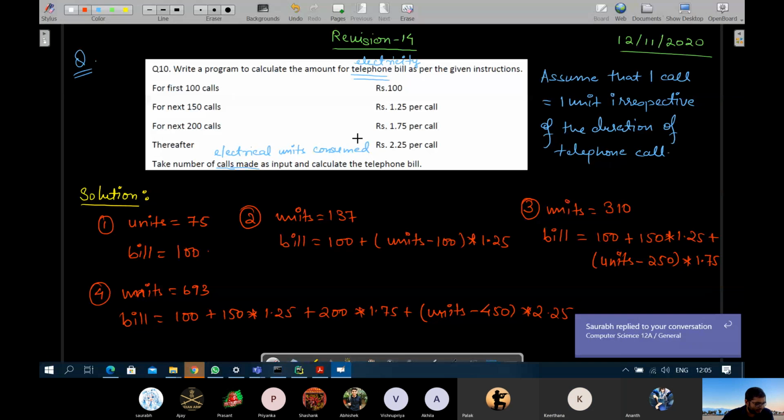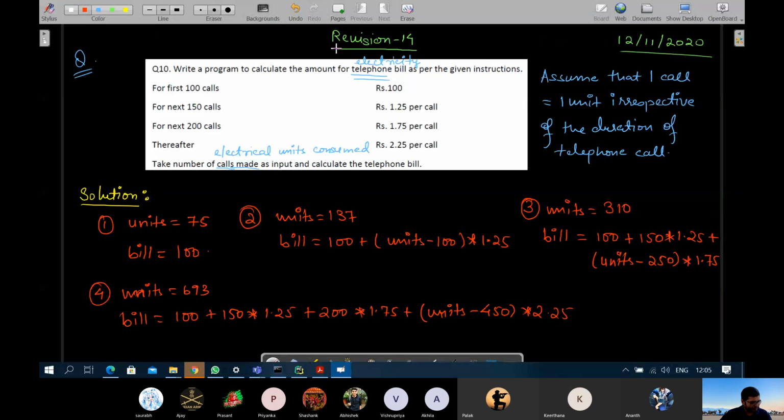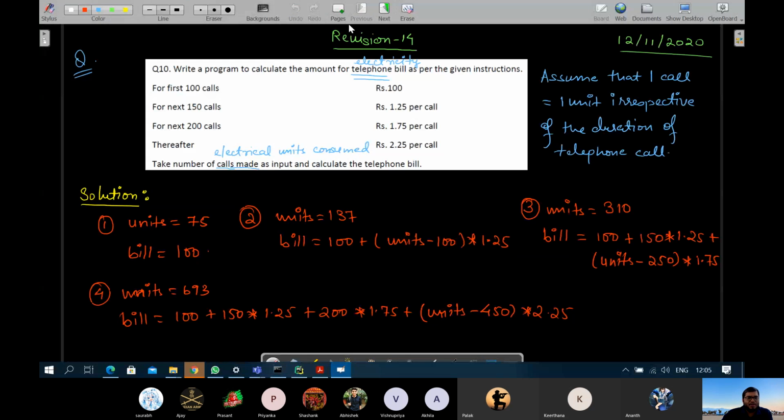Okay. So now how will we write the program for this? What we will do in our programming is, first you have to ask from the user, take the number of calls or electrical units consumed for a month as input. So we are going to take units, how many units or how many calls, whatever you are finding, take a similar or some sensible meaningful identifier name.